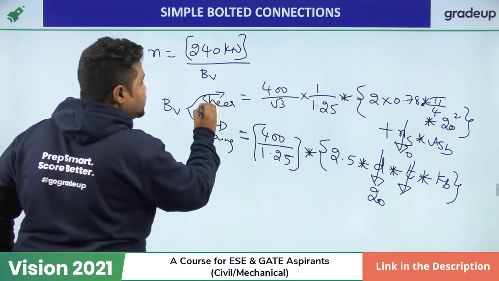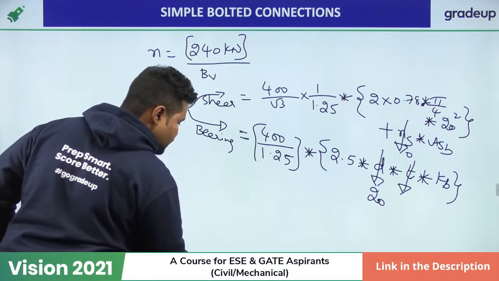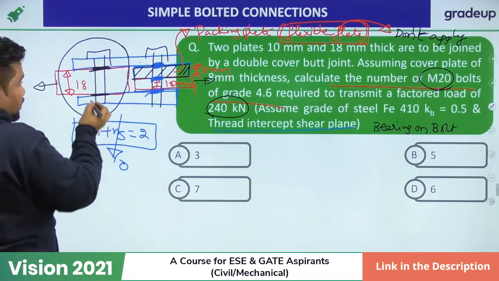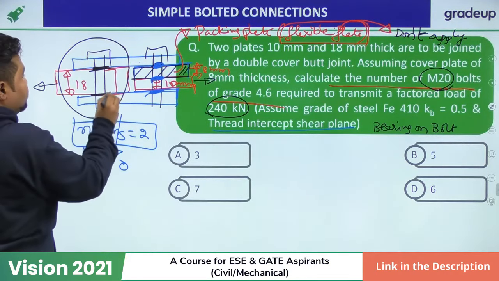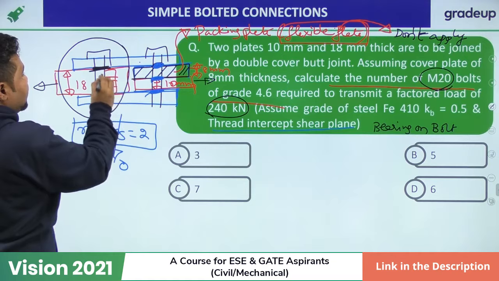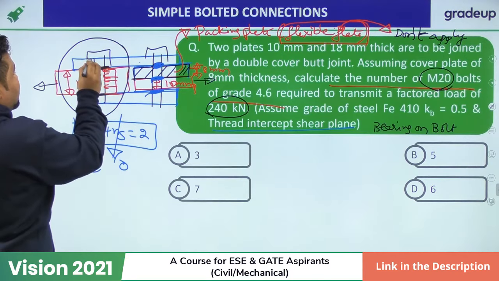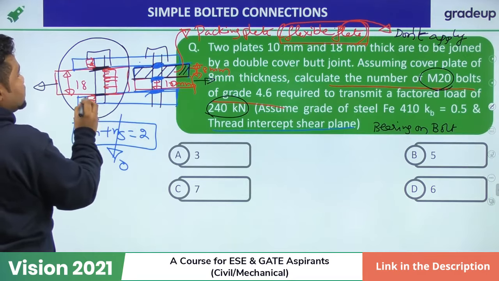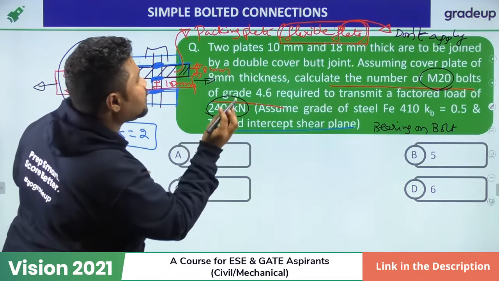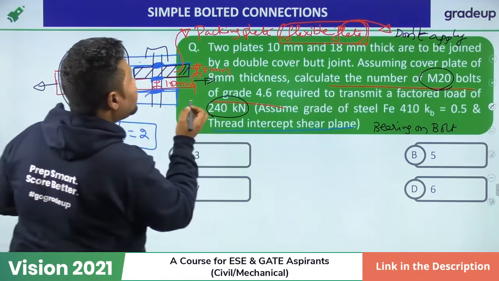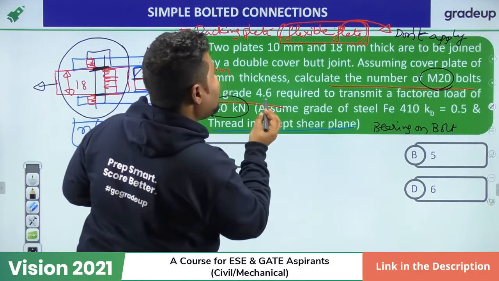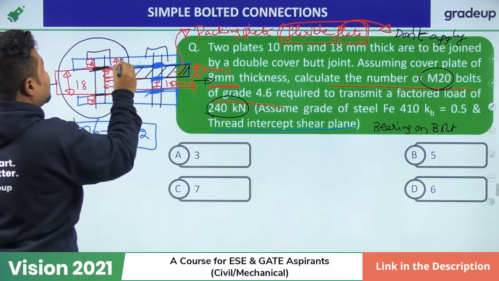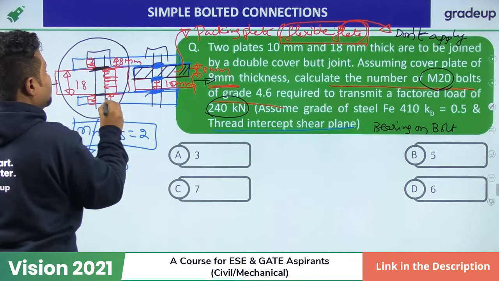Here this should be underestimated. Generally, this is how the bearing stress is developed on this side. What is the thickness of the cover plates? The thickness of the cover plates is 8 millimeter, so this is 8 millimeter and this is 8 millimeter.